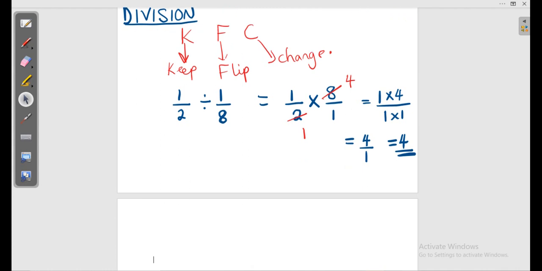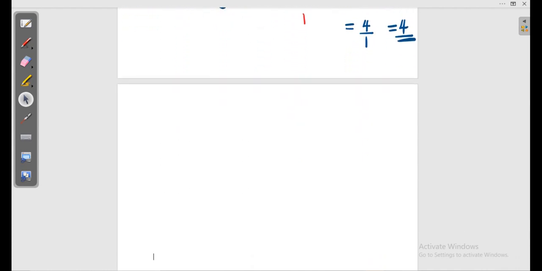Let's try some other question. If you have 7 over 8 divided by 2 whole number 3 over 4. So we already have one of the numbers to be a mixed number, which we're going to convert to an improper fraction. So that gives us 7 over 8 divided by 4 times 2 is 8, 8 plus 3 is 11 over 4.